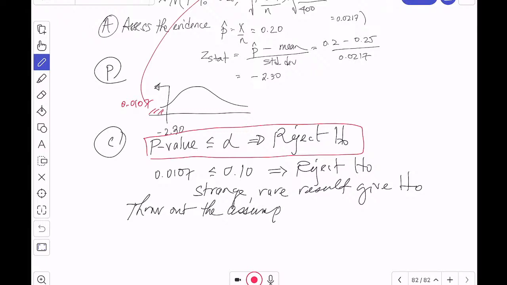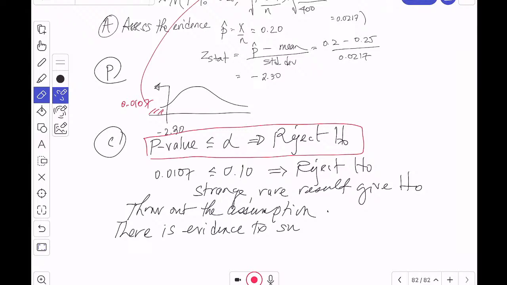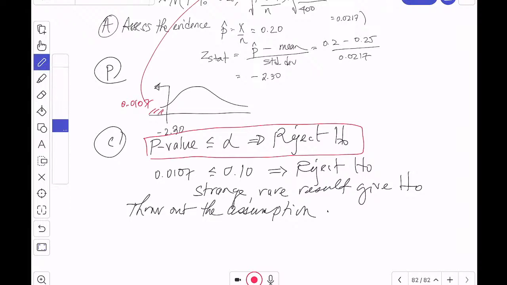And we can say that there is evidence to suggest, okay, first of all, wait, let me say first, the test is significant. That's the easiest thing to say, and the most important thing to say.